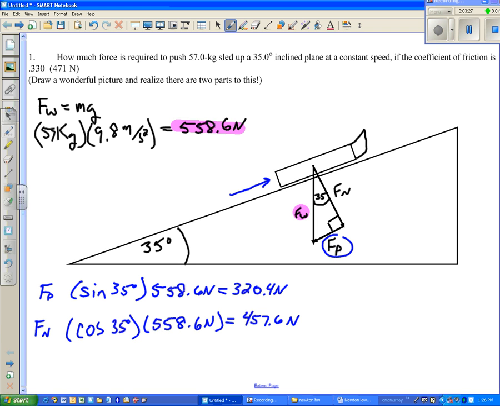On the other hand, the coefficient of friction is a question of the normal force and the interaction of the sled with its surface. So we have the parallel force, Fp, plus the frictional force, which we call Ff, it's going to equal our total force in this case, which I'm going to say is F total.